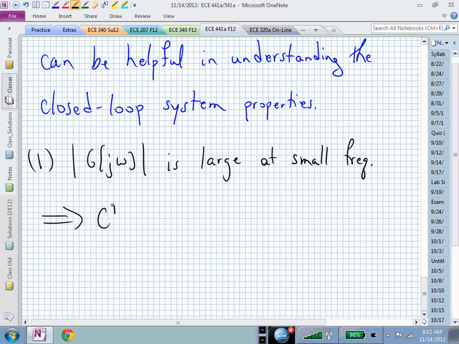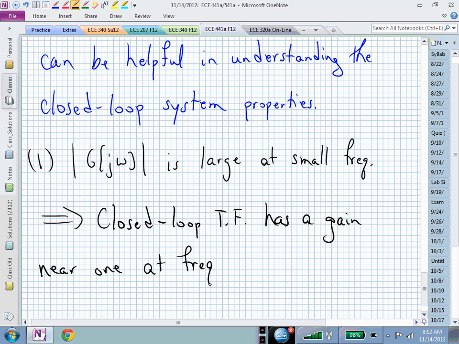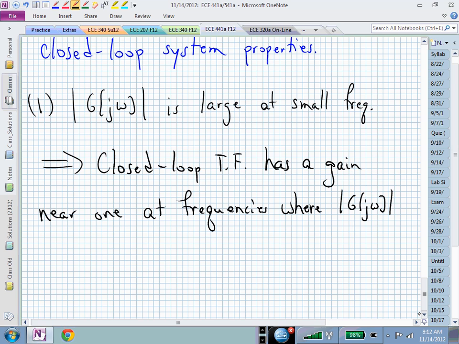We have our closed loop transfer function has a gain near 1 at these frequencies where G of j omega is large.